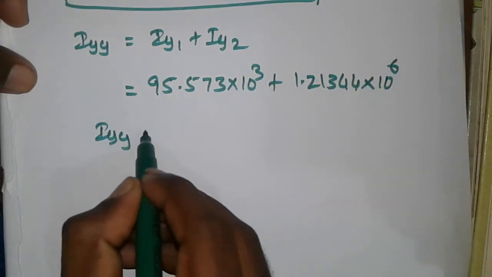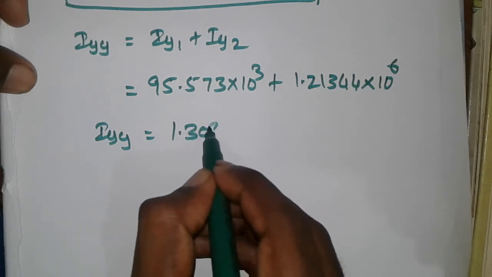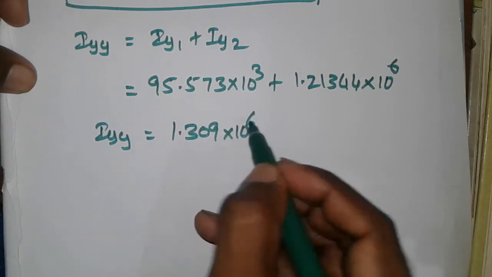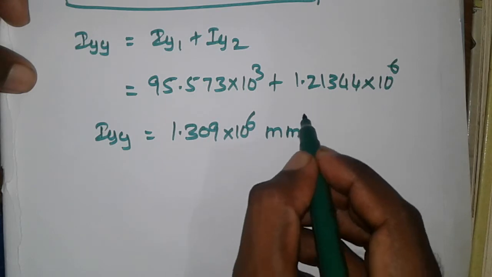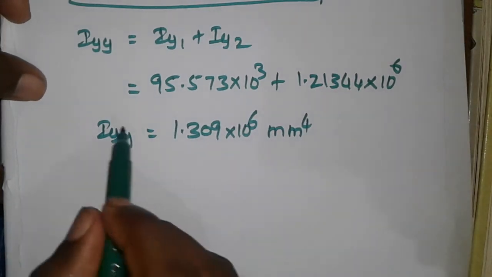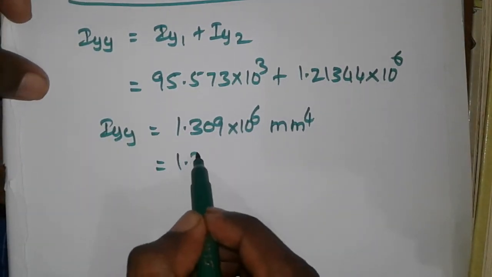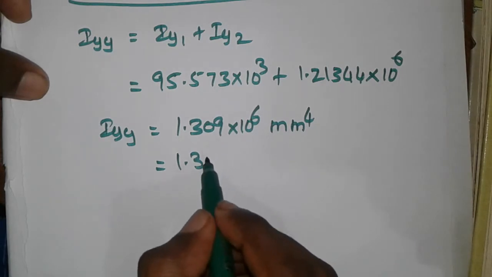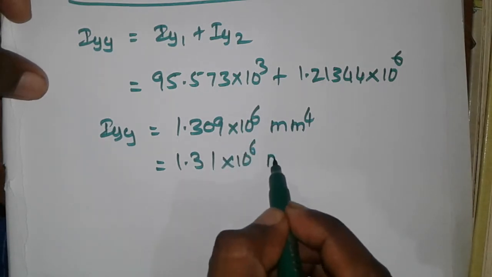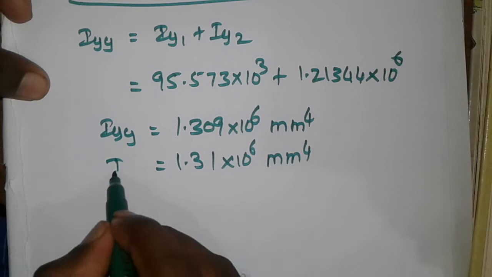Iyy is equal to 1.309 into 10 power 6 mm power 4. This can be written as 1.31 into 10 power 6 mm power 4. This is Iyy value.